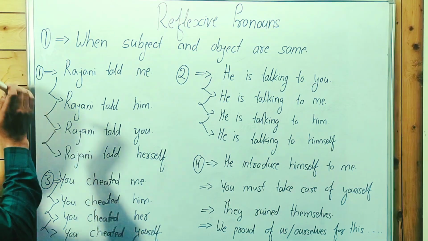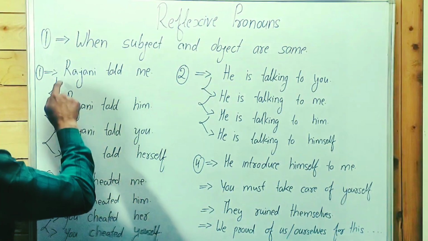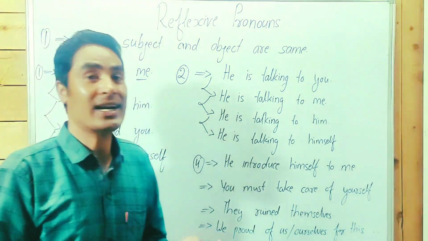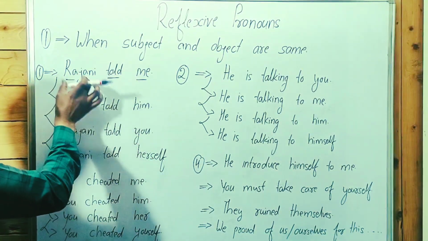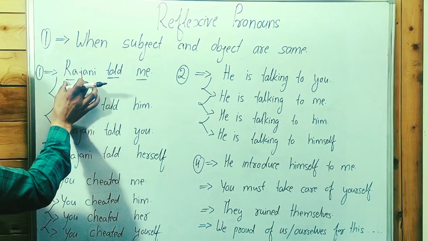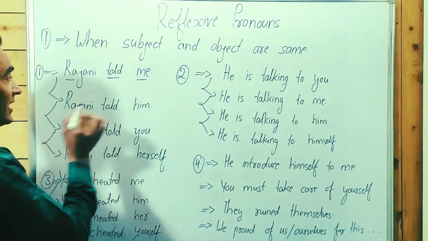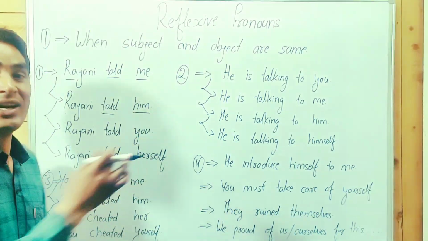First sentence, I'm so sorry: Rajni told me. Here Rajni is the subject, told is the verb, and me is the object of the verb. Rajni is a different subject and me is a different object in this sentence. Rajni told him, different subject, different object.